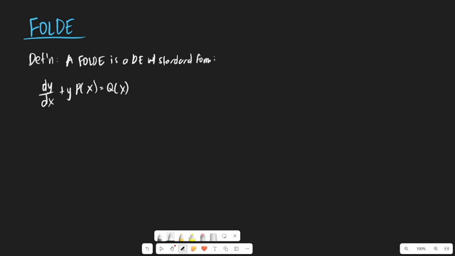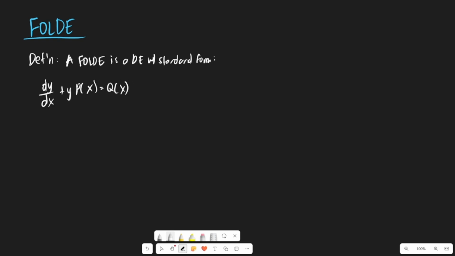So that is one way we can memorize this formula: the dependent variable y is on top, and whatever is the dependent variable right here, that would be the variable right here. So this is the derivative of y, this is y, and whatever comes next is just in terms of x. So p of x is the next one, and we also have q of x.